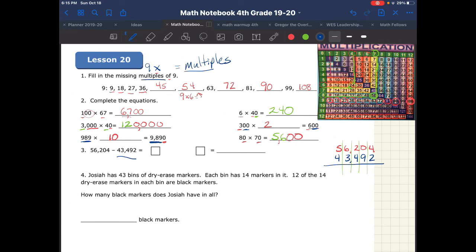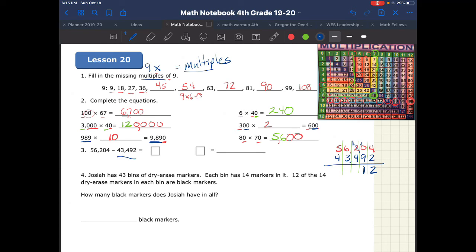4 minus 2 is 2. Now it's hard to take 9 away from 0. This is where we're going to do that regrouping. So the 1 here and the 1 here makes 2. So now we have 10 minus 9 is 1.